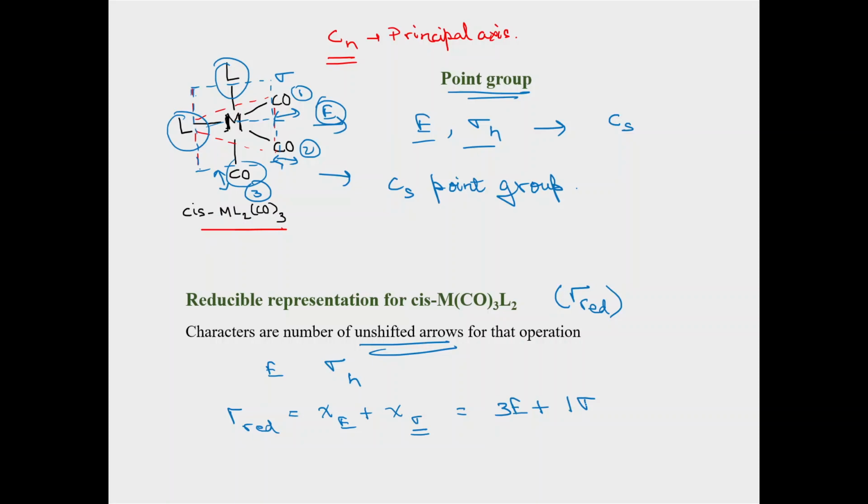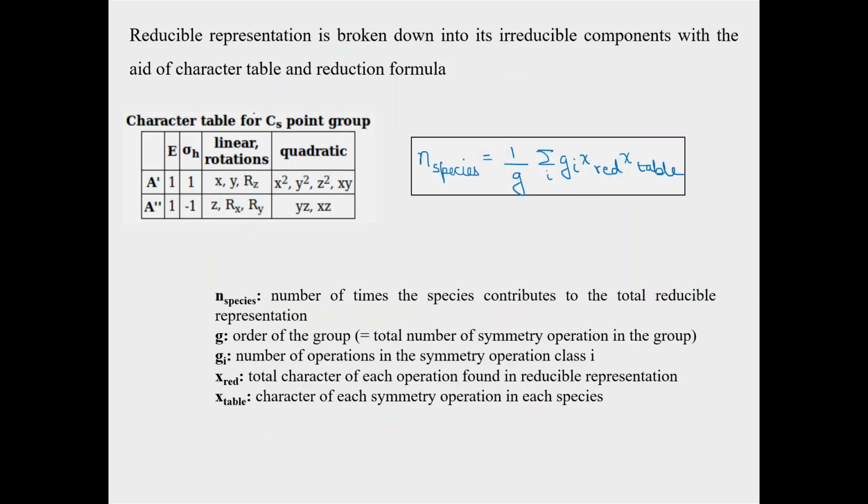Now next, what we have to do is break the reducible representation down into its irreducible components with the aid of the character table and reduction formula. So this is the character table for the Cs point group. There are only two operations, E and sigma h, and this gives rise to A dash and A double dash.